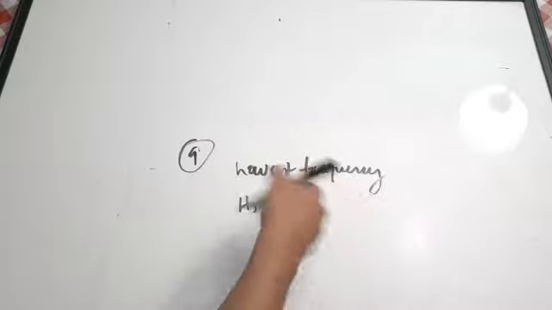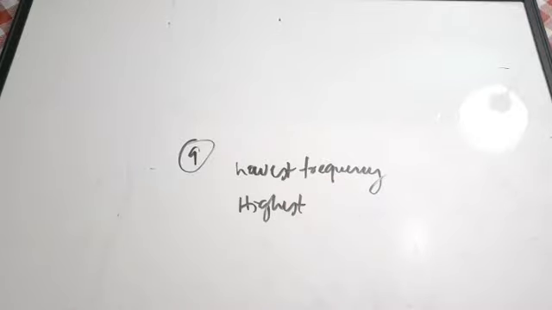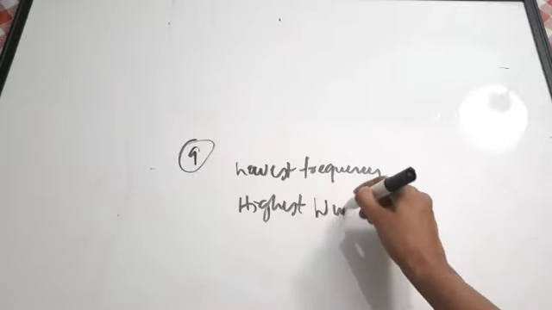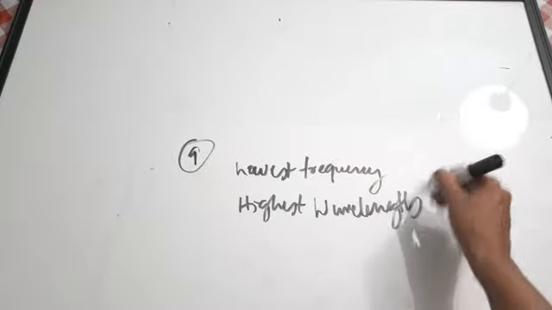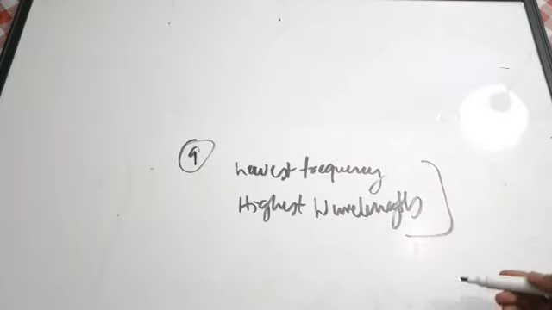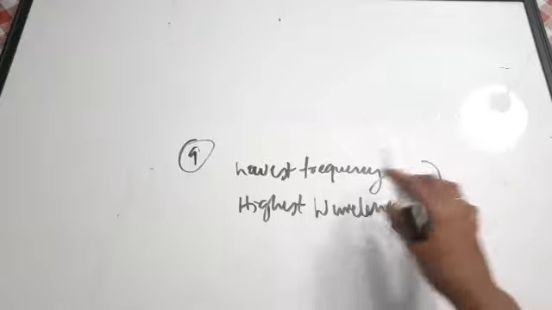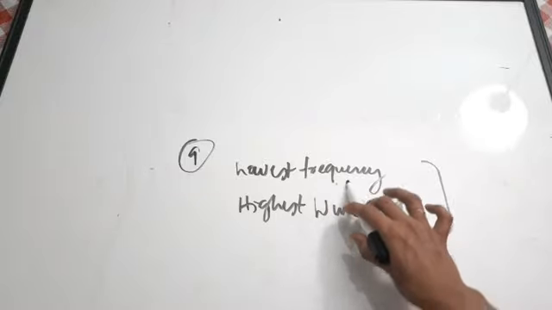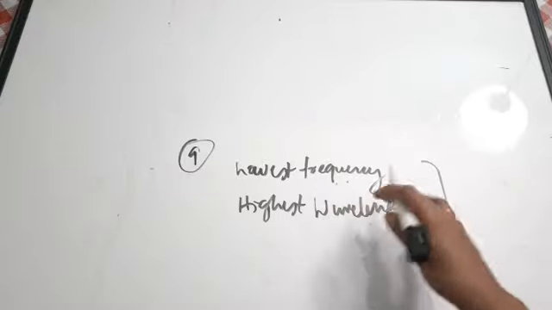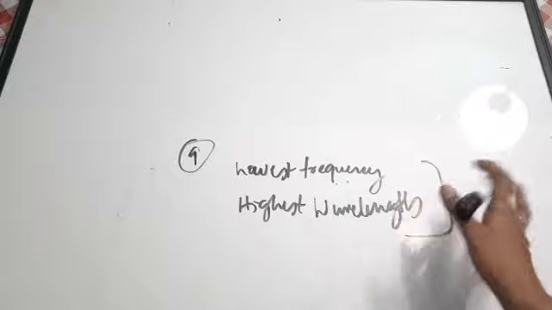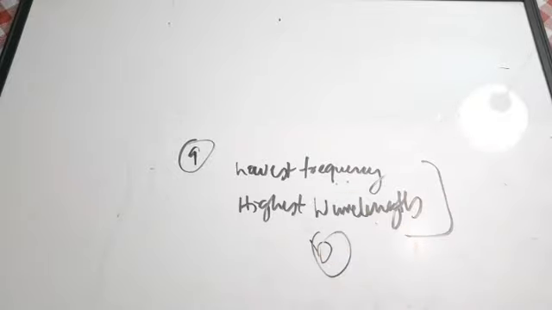Since frequency and wavelength are in inverse proportionality, if frequency is low, wavelength has to be high. Cutoff frequency will be low, wavelength will be high. So here frequency low is not given. So you have to choose option B, highest wavelength.